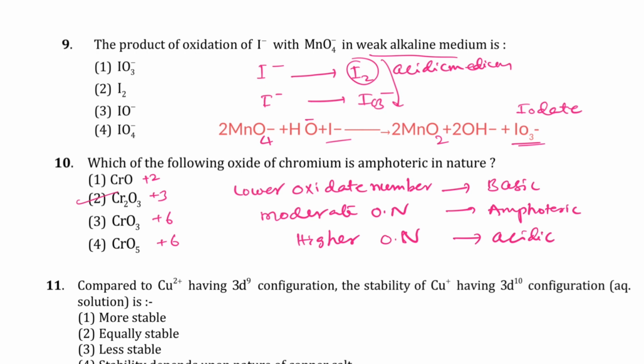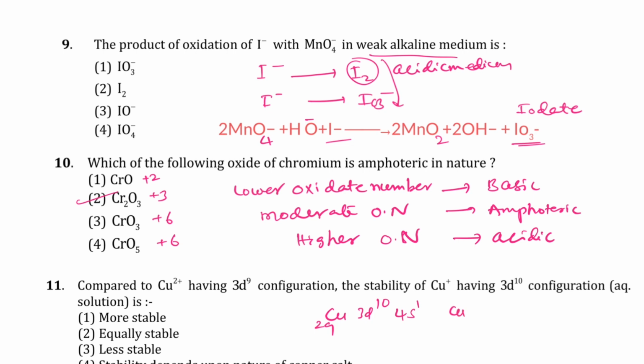Next question, 11th. Compared to Cu2 plus having 3d9 configuration, the stability of Cu plus having 3d10 configuration in aqueous solution is: more stable, equally stable, or less stable, or stability depends upon the nature of copper salt. According to this, copper has atomic number 29, with configuration 3d10 4s1.